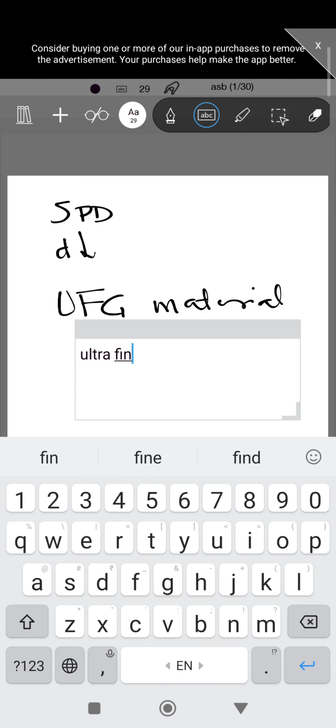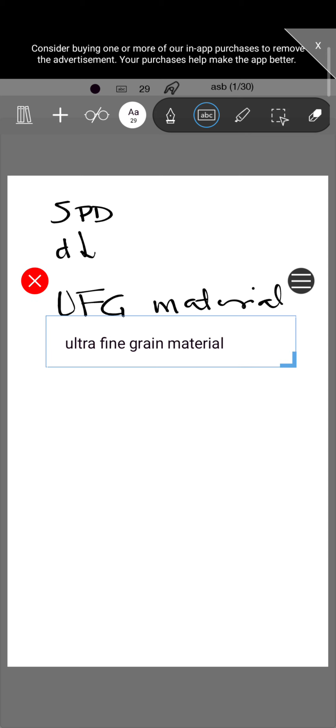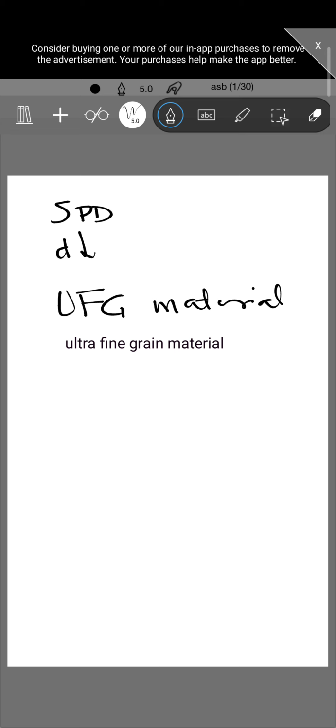When you have achieved UFG, say the refinement has been such that it has gone into the nanometric order, 10 to the power minus 9 meters. These are small crystallites that are formed. So it is nearing amorphous.